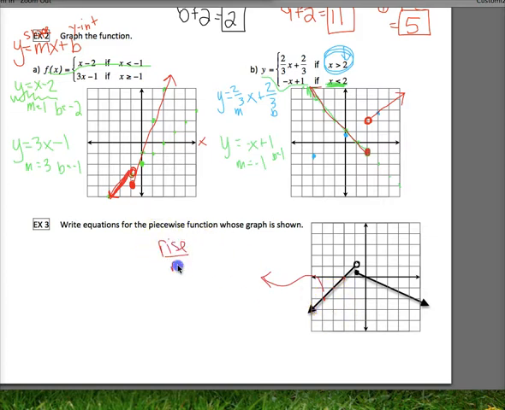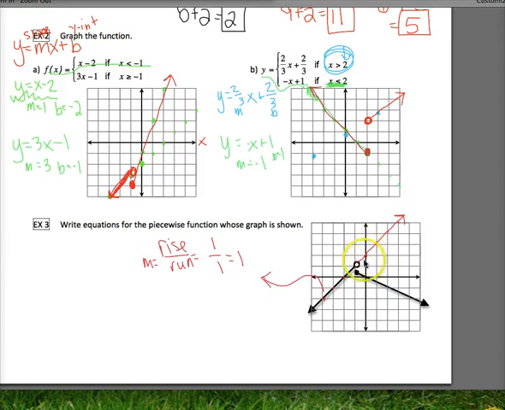So rise over run is my m. In this case, if I start at this point and go to the next one, I went up 1, so my rise was 1, and then I went right 1, so my run was 1, which means my slope is 1. I need to continue that slope to keep graphing the rest of this line that would be there if this weren't piecewise. The reason why you need to do that is because we need the y-intercept. We need to see where it crosses the y-axis.